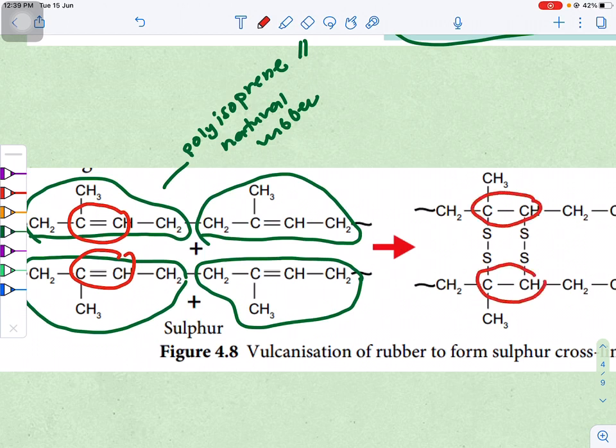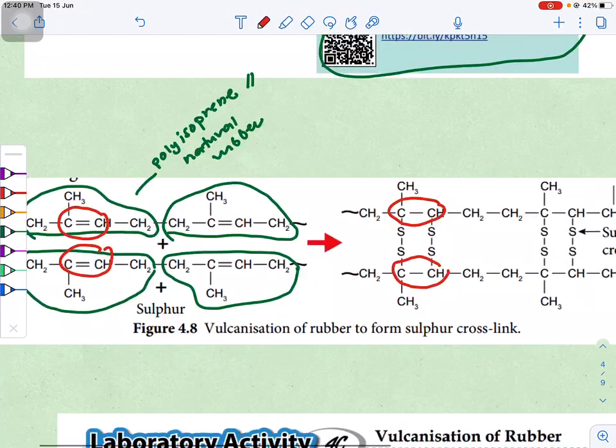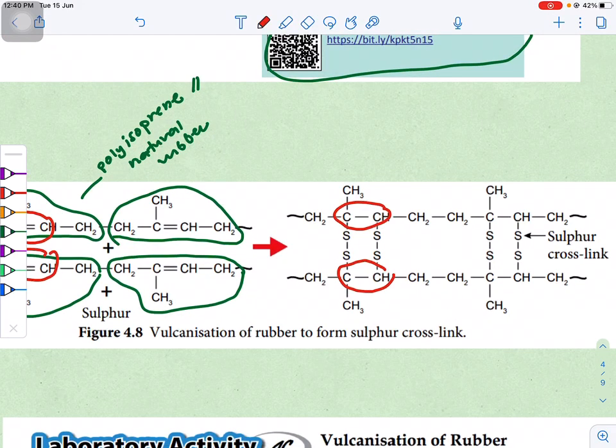The double bond breaks, and then you have the sulfur in between the first layer of the rubber molecule and the second layer. It connects the first layer and the second layer. So from two different layers of rubber molecule, it becomes one layer attached together. This junction is known as the sulfur cross link.